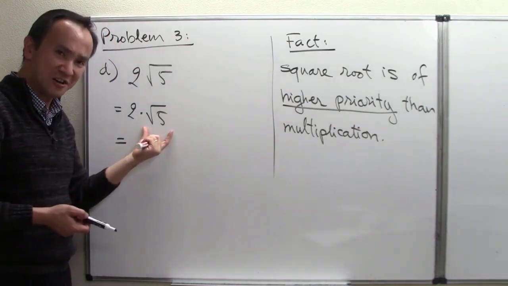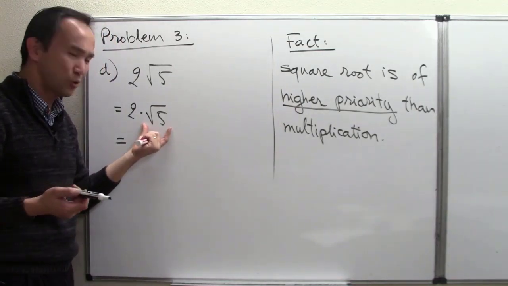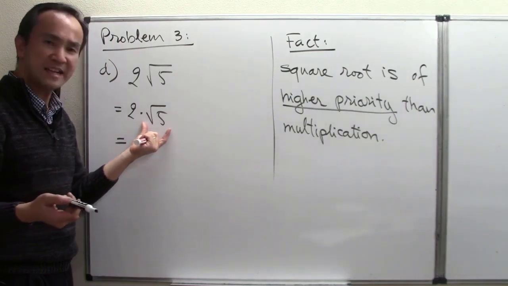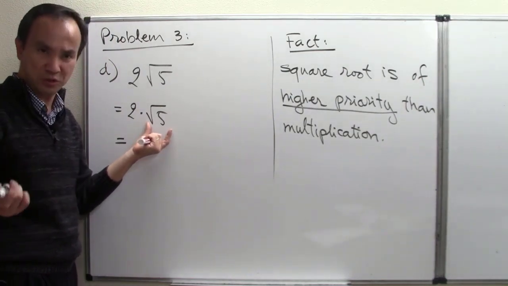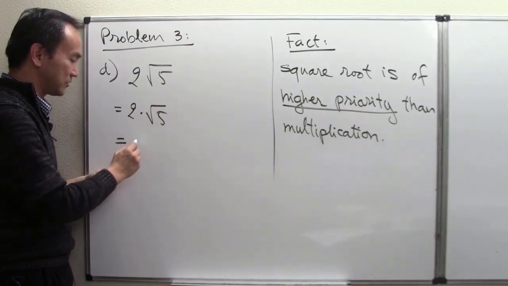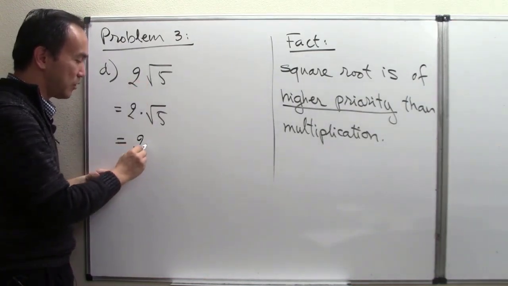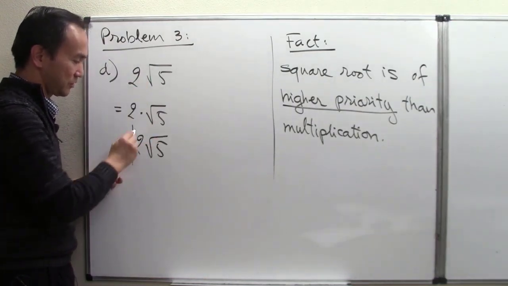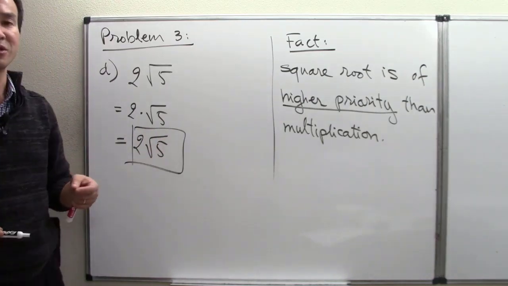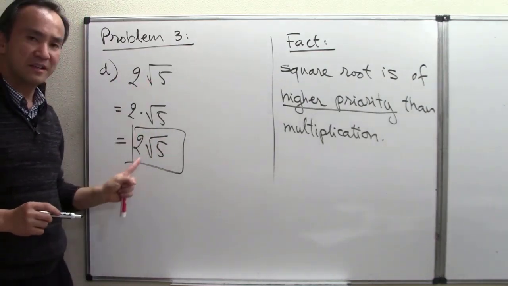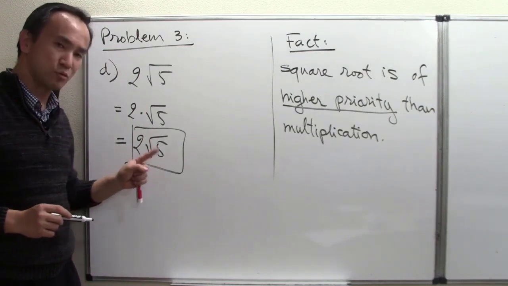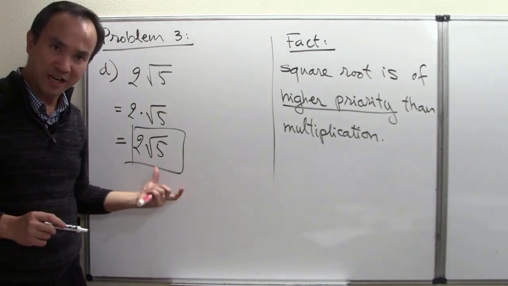We prefer to keep square roots in exact expression. So the square root of 5 is the square root of 5, already in its most computed form. 2 times the square root of 5 is left exactly the same, and that's all we can do.